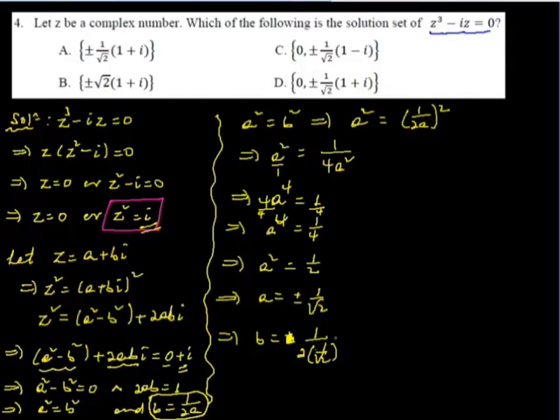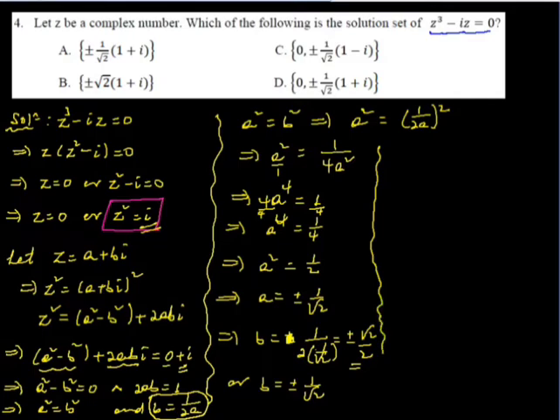So whenever you rewrite this, it becomes plus or minus radical 2 over 2, or b can be written as plus or minus 1 over radical 2. So both a and b are similar.